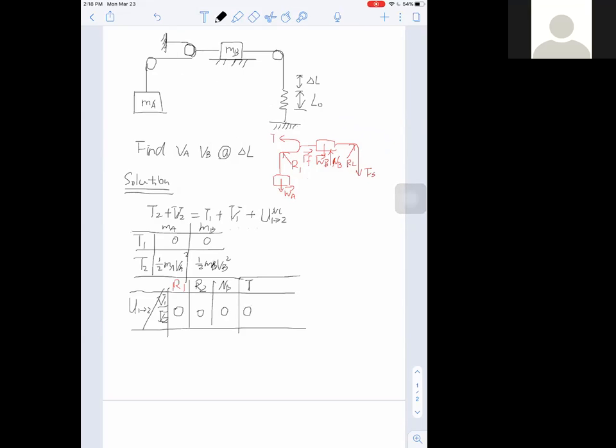Okay, now let's move on to the next force. We have a weight force WB here. It's pointing downwards, there's no movement, and there's no change of height. Or another way is you can set up a reference potential line.